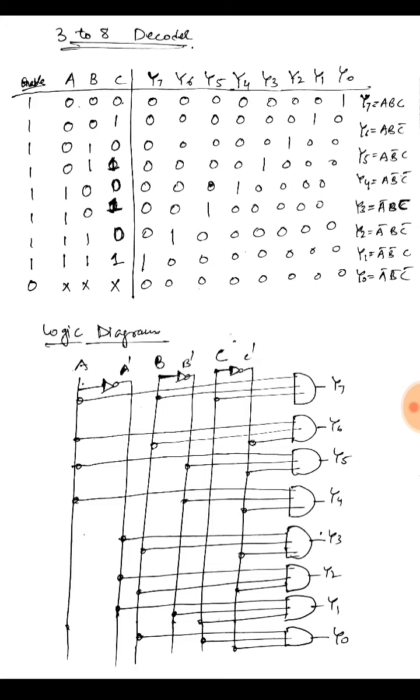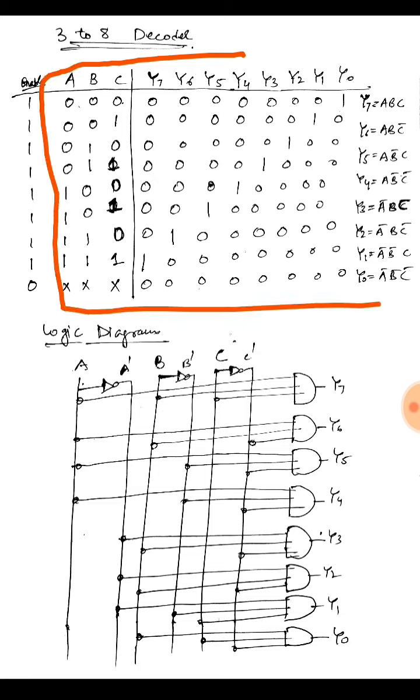So you can take enable or you can ignore it as well, because the main working of the decoder is this truth table. For Y7, all of them are high, so it would be A into B into C. For Y6, A and B are high and C is low, so it would be A B C bar.